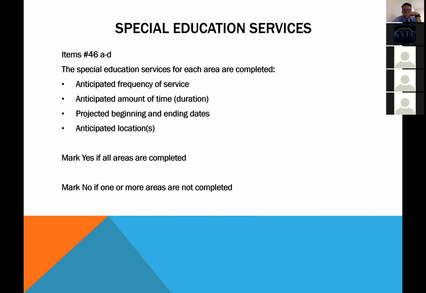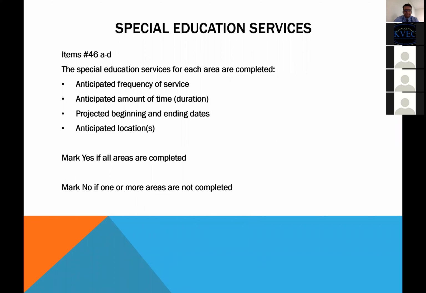You have to make sure you have your frequency, the time, your projected beginning and ending dates, as well as the location written in those boxes. So you mark yes if you have completed all 4 of those boxes. You're going to mark no if one or more is missing.